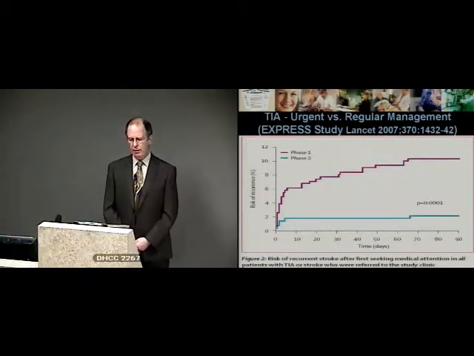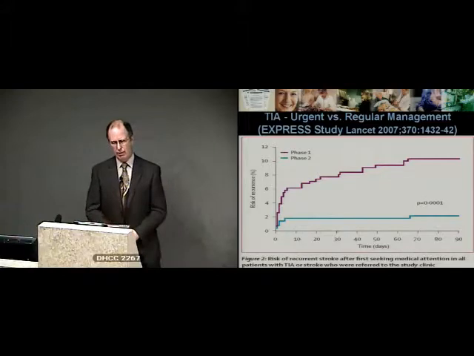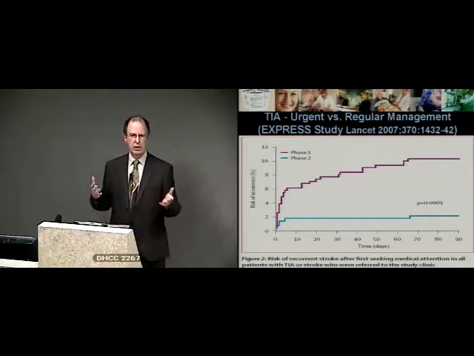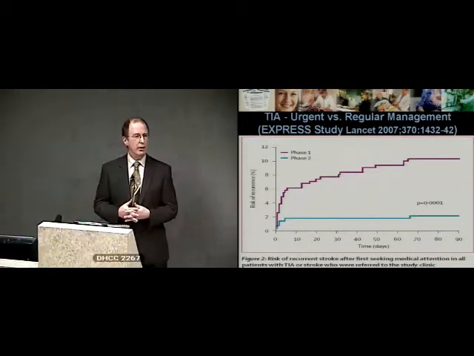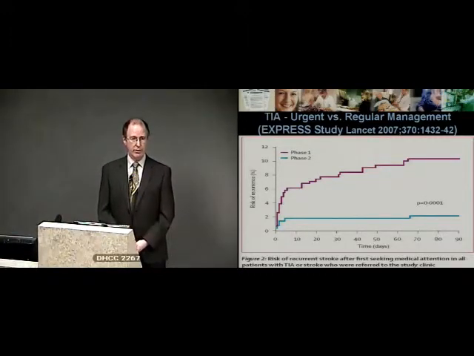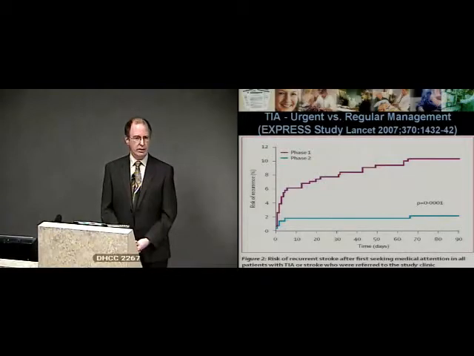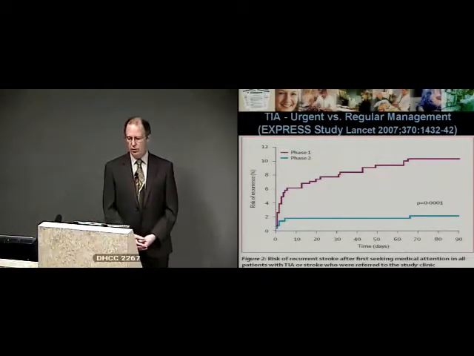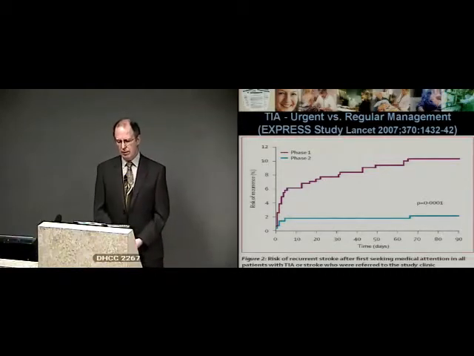It was still a pretty clear pathway to managing and diagnosing a TIA, as opposed to the treatment group, where the TIA clinic did not have an appointment system. The patients were sent immediately to the clinic. They were seen, the majority were seen within 24 hours. They were given their diagnostic tests that visit and started on treatment at that visit. So more than 50% received the treatment within 24 hours.